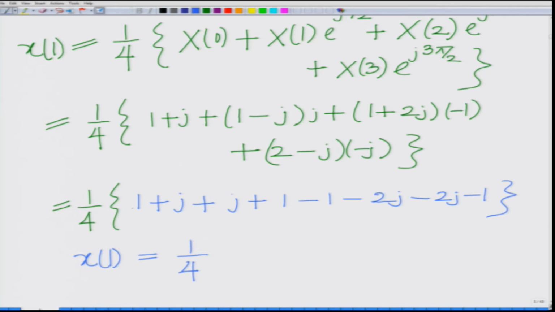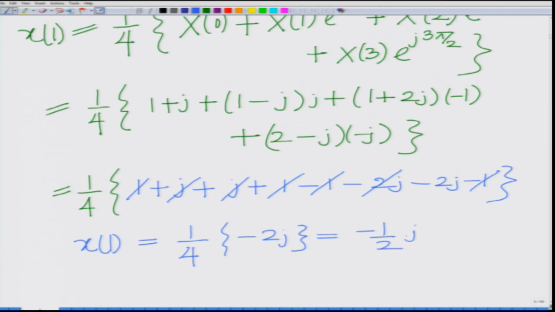You can see there is basically a 1 minus 1 which goes, 1 minus 1 which goes. So, all I am left with is j minus 2j. So, this is basically minus 2j divided by 4 equals minus half times j.